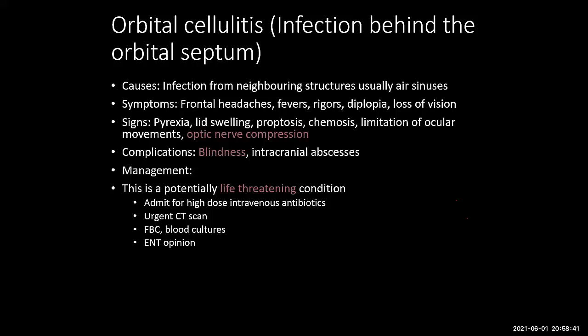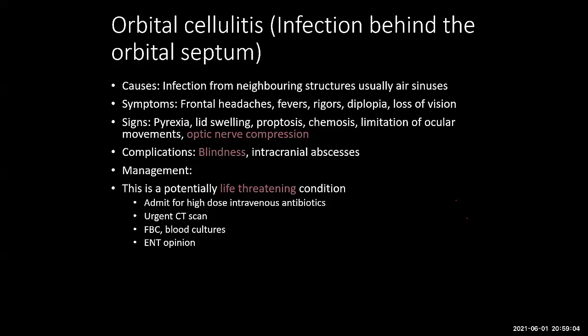So behind the septum is deep cellulitis, orbital cellulitis. In front of the orbital septum is superficial cellulitis or preseptal cellulitis. What we are dealing with today is a more serious, dangerous situation called orbital cellulitis or deep cellulitis, which can cause a lot of problems.